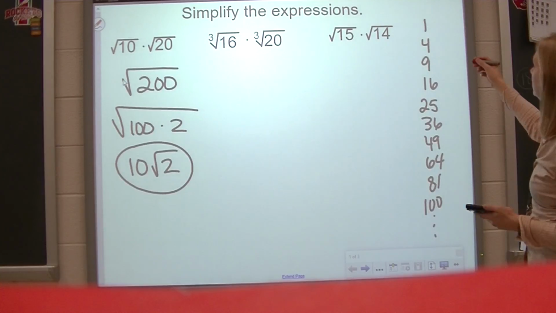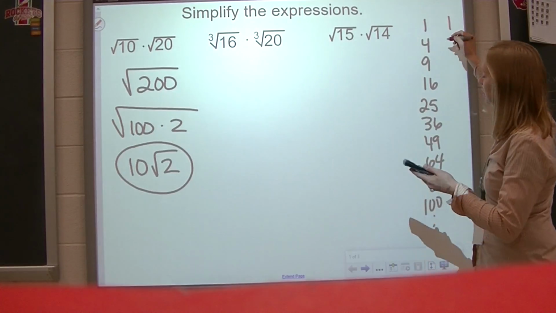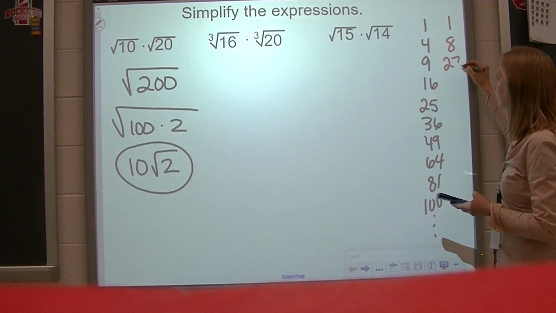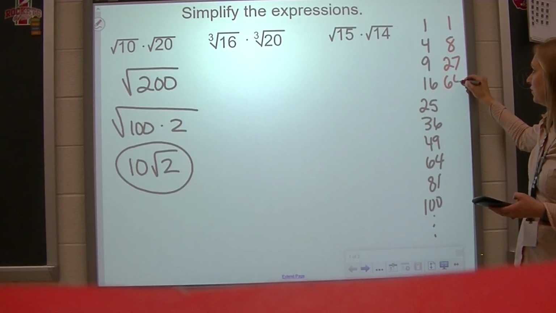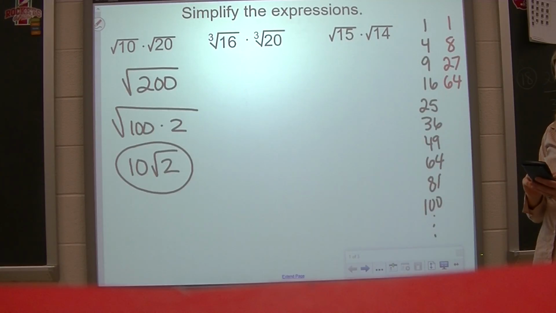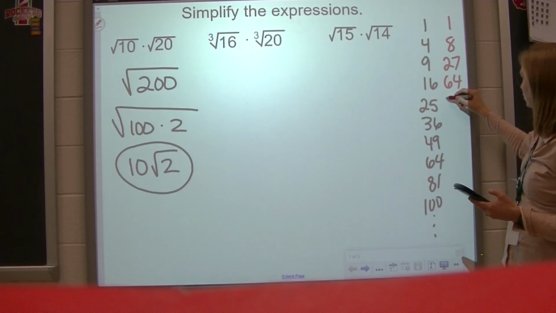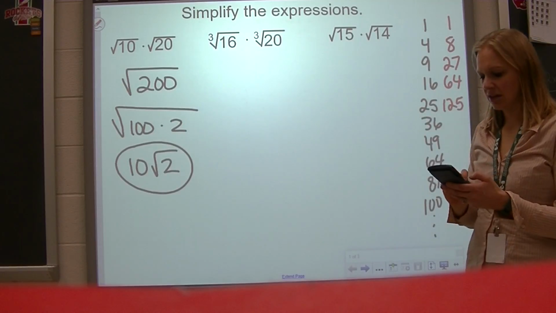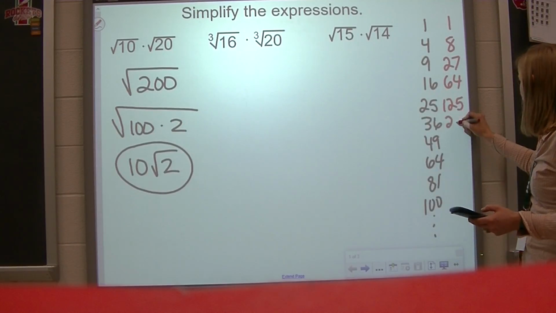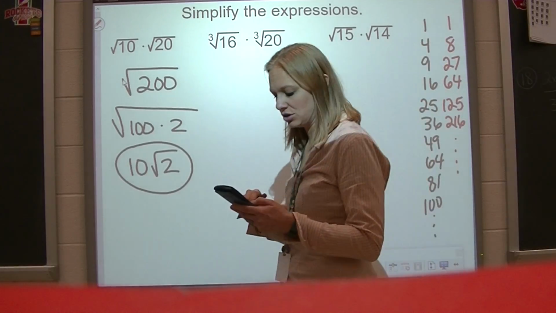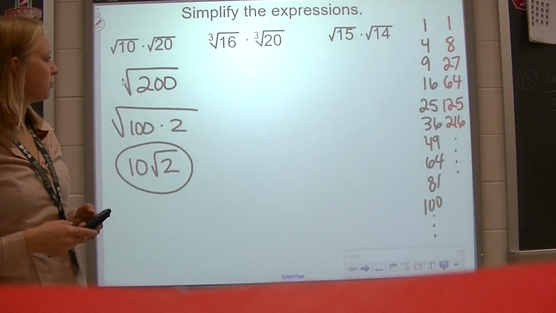So 1 cubed is 1, 2 cubed is 8, 3 cubed is 27, 4 cubed is 64, 5 cubed I believe is 125, let me check, is 125, 6 cubed is 216, and then that keeps going. 7 cubed is 343.